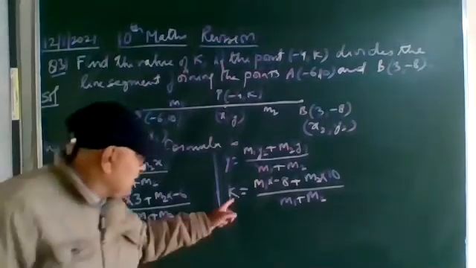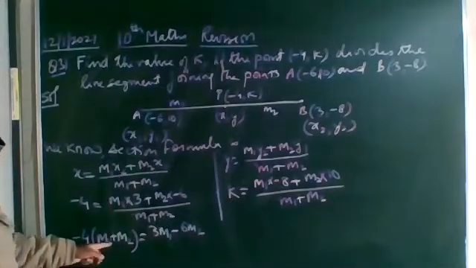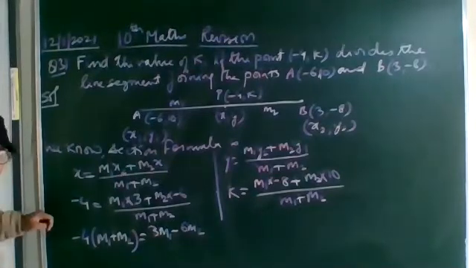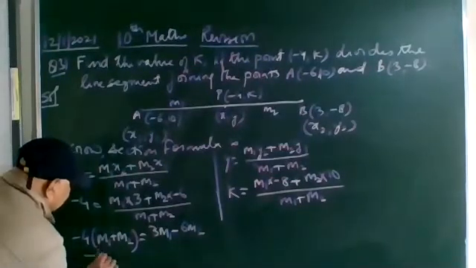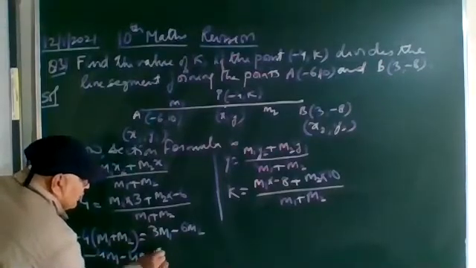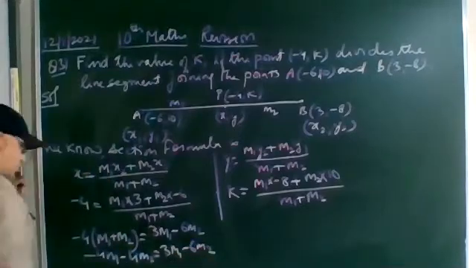Now here you can find k once you get the values of m1 and m2. Once you have them, you can put the values in and find the value of k. So here minus 4m1 minus 4m2 equals 3m1 minus 6m2.